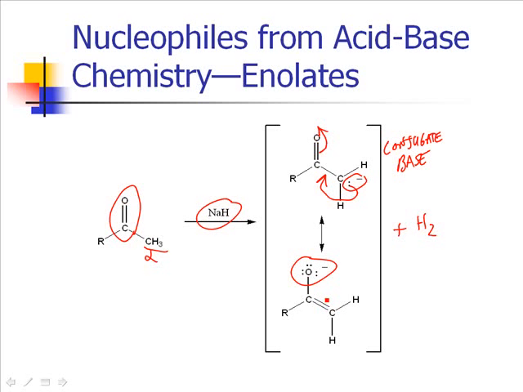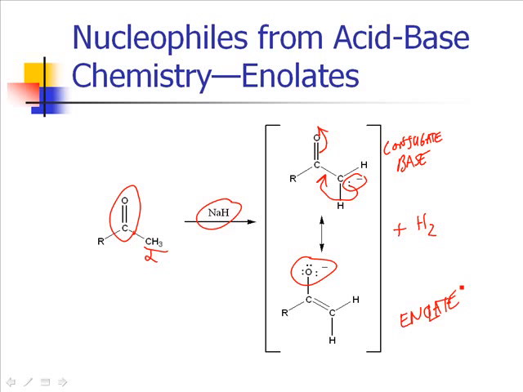Well, species like these are called enolates because they have an alkene, 'en' meaning a double bond between carbon atoms, and 'olate' meaning we have an oxygen that has a negative charge on it, often written as 'ate', as in sulfate. We have an enolate as being the name of this molecule.